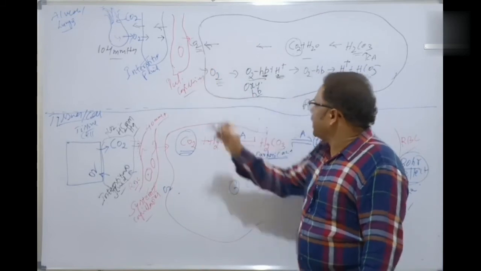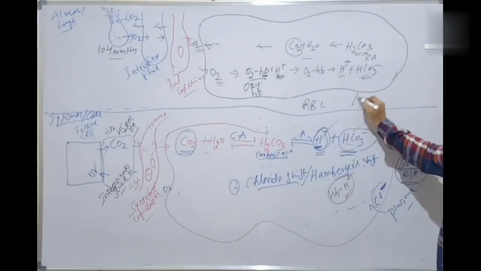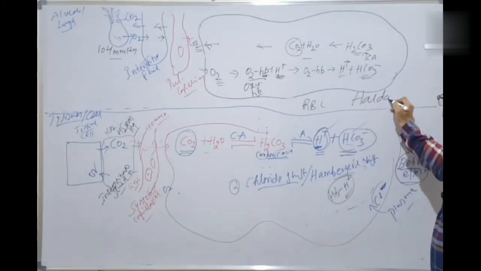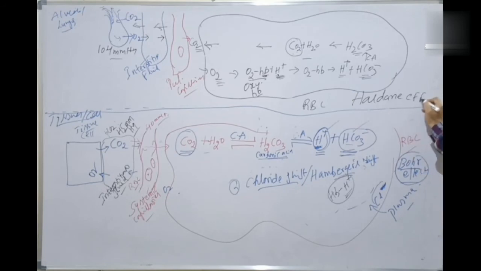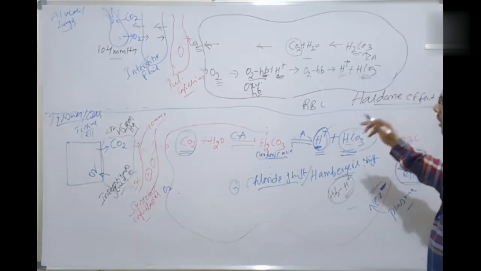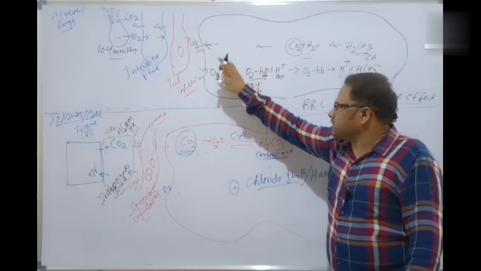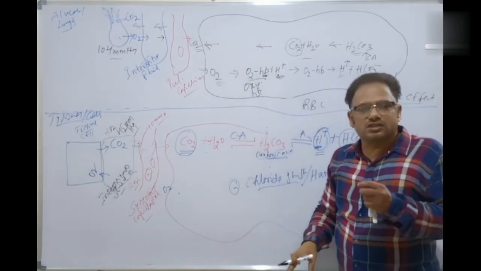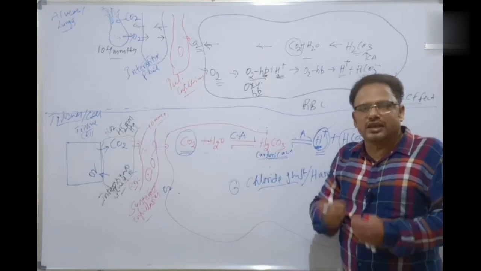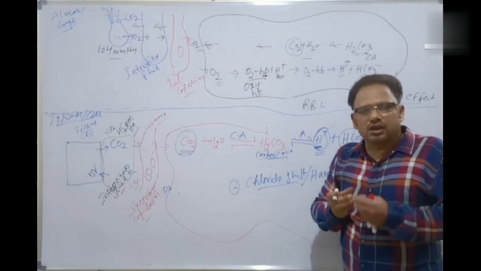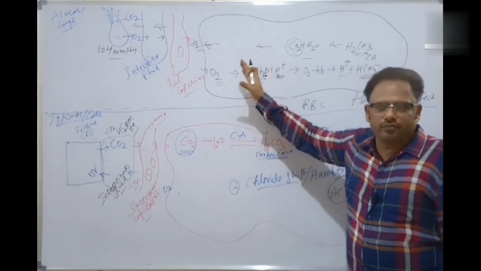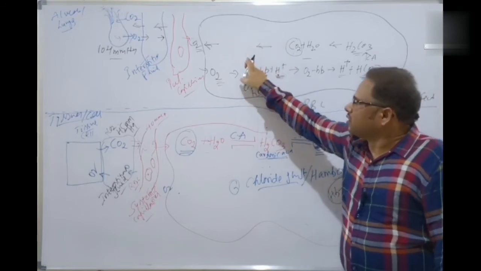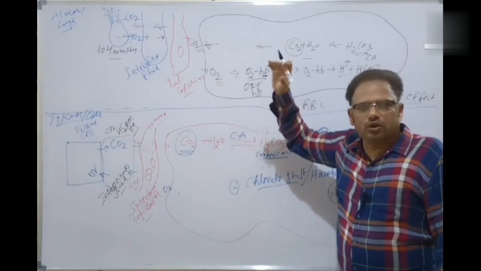This is called the Haldane effect. So what is the Haldane effect? It is nothing but the effect of the binding capacity of oxygen. As the binding capacity of oxygen with hemoglobin increases, the carbon dioxide is unloaded to the alveoli, into the atmosphere.